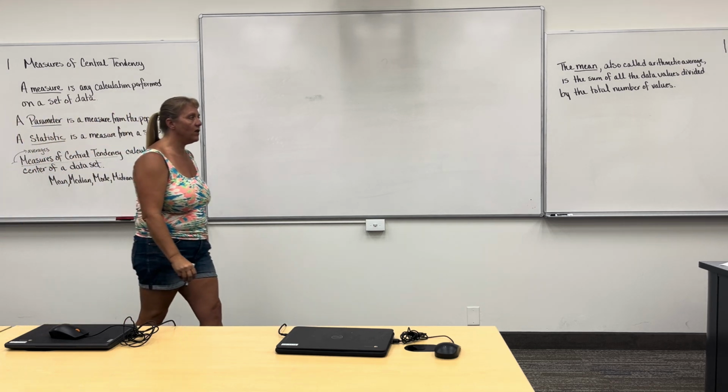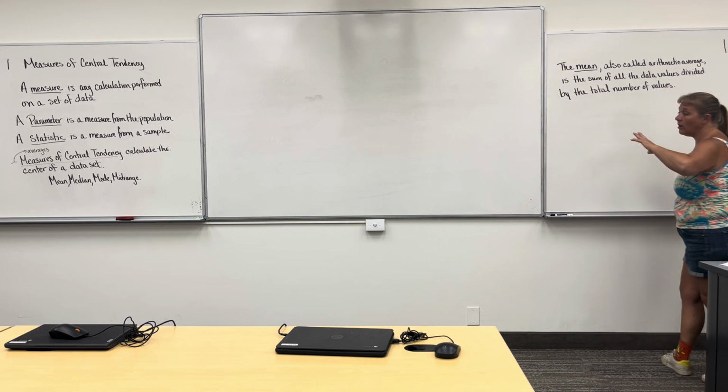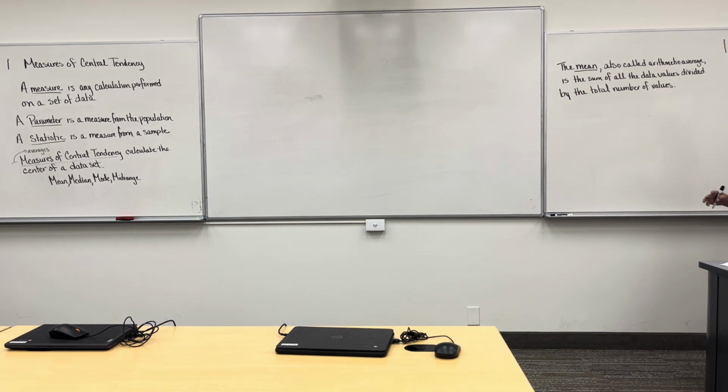So when we hear this in stats, because we're using all four of them, we want to make sure that we use the proper name with the proper calculation. So if we're doing the mean, we're not calling it the average, we're calling it the mean.